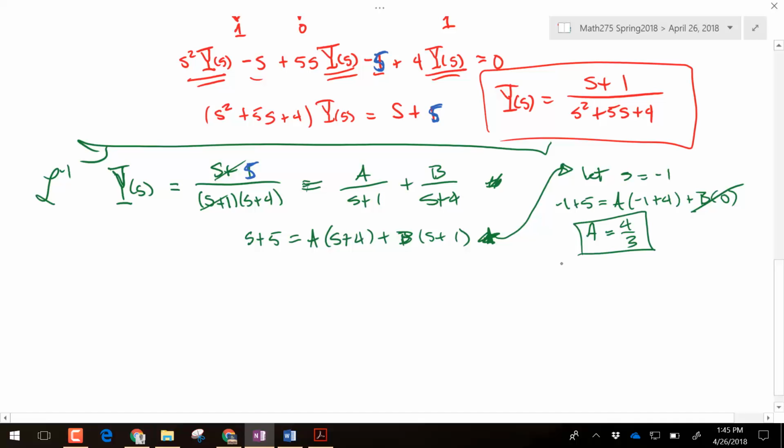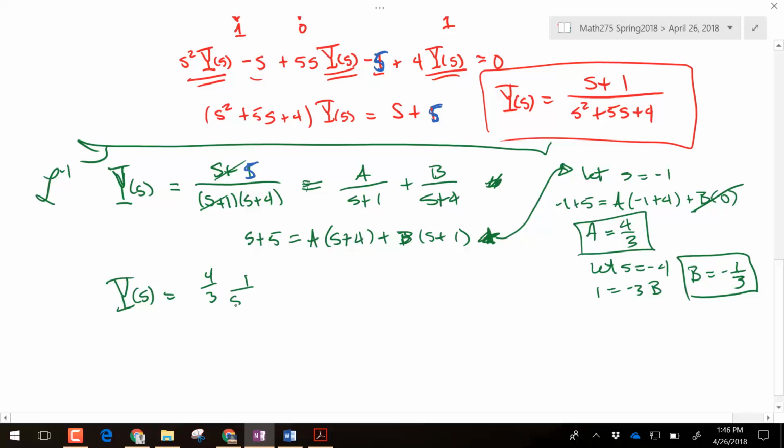And then we'll do the same cover-up, but this time we'll cover up the other one. Let s equal -4. And then we have 1 is equal to 0 and B times -3. So now our Y of s is equal to A, that's 4/3, plus B, minus 1/3.